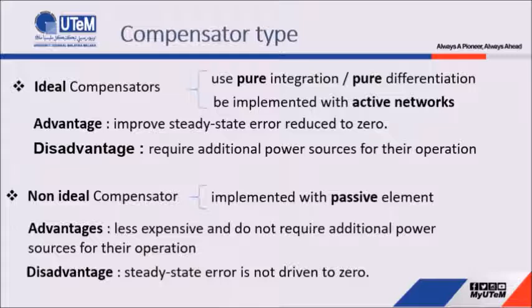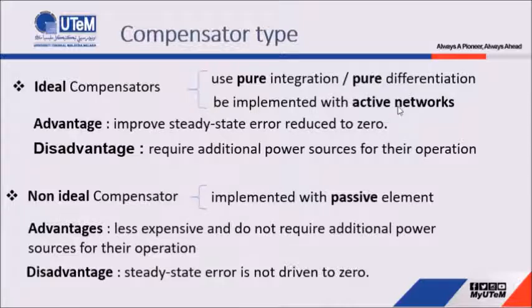Compensator type. Basically we have two types of compensator, which are ideal compensator and non-ideal compensator. Ideal compensator uses pure integration or pure differentiation. This kind of compensator can be implemented with active network circuit.